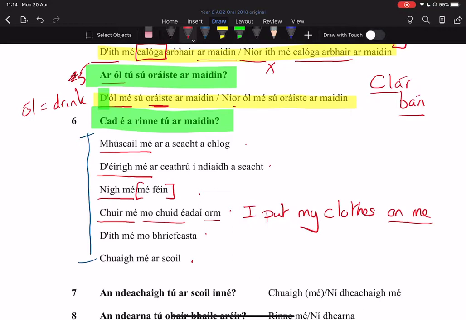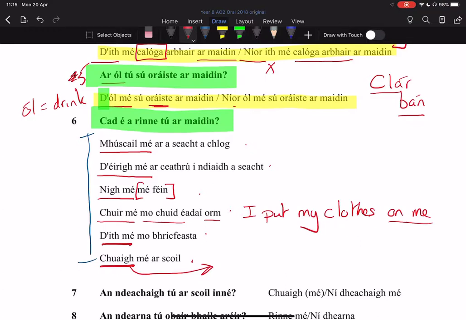Now in English, we'd probably just say, I put my clothes on, or I put on my clothes. D'ith mé mo bhricfeasta, I ate my breakfast. Agus chuaigh mé ar scoil, I went to school. Just for an important bit of pronunciation purposes, it's chuaigh, not cuaigh. So chuaigh mé ar scoil.